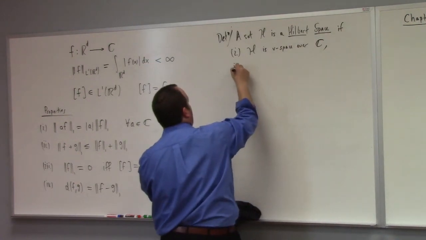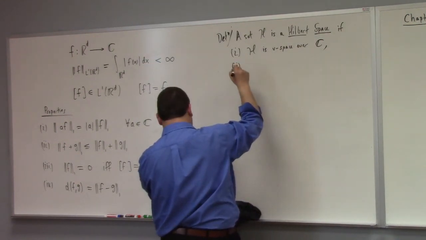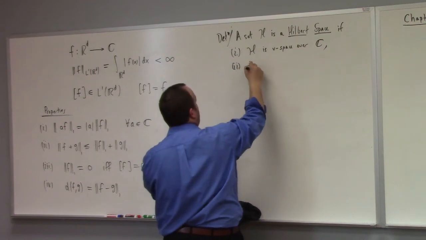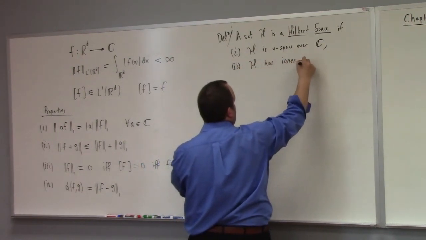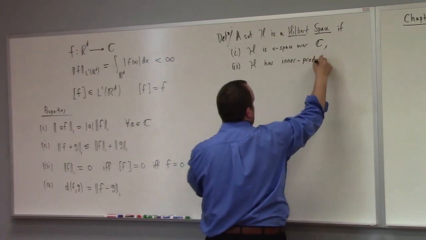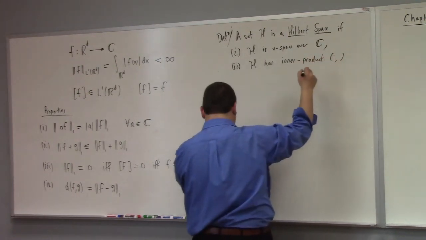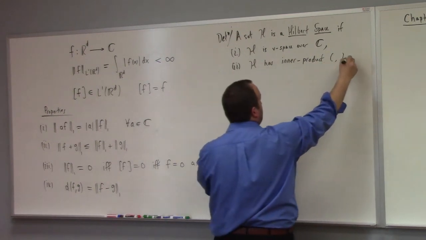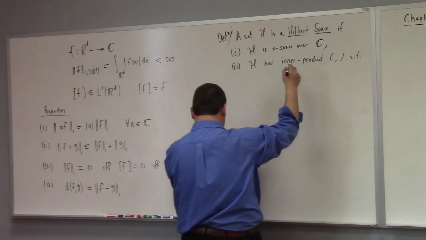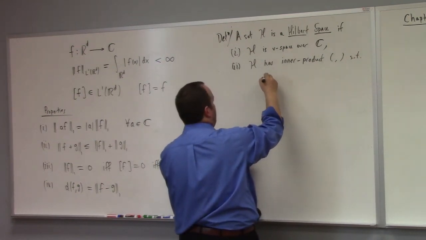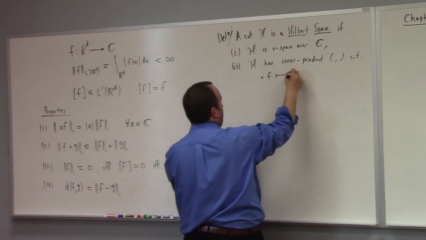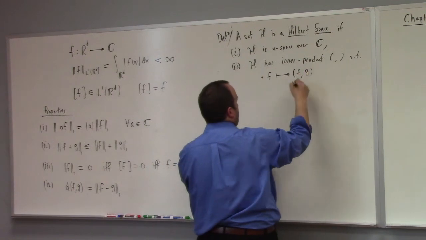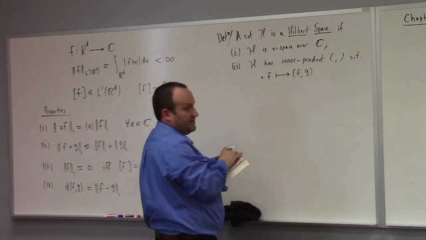Number two, it's equipped with an inner product, such that, well, the property I was just telling you about, right? Like number one, the mapping f with g held fixed is linear.